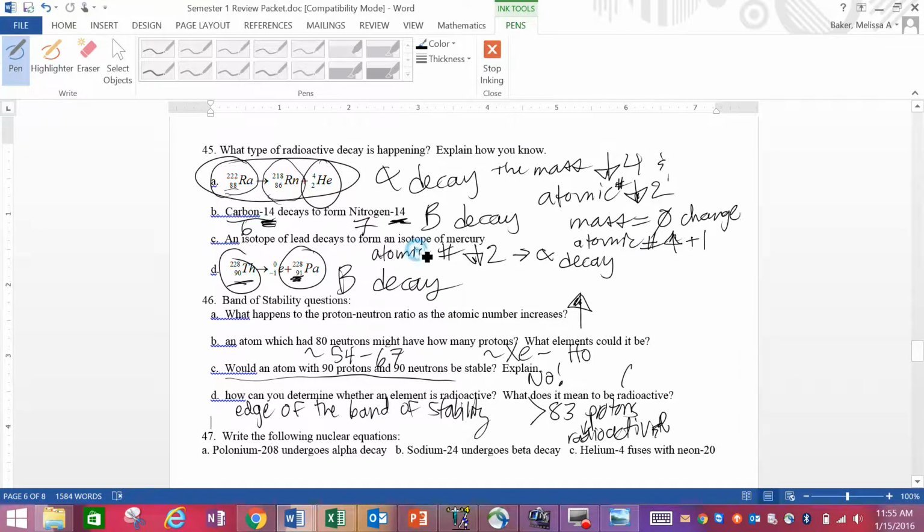What does that mean? That's when the nucleus is decaying. It's falling apart. And in that process, it's releasing particles and energy at the same time. So that's what radioactive means.